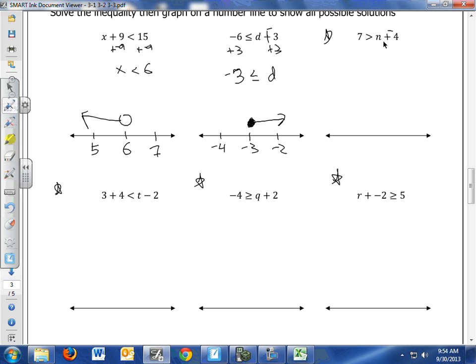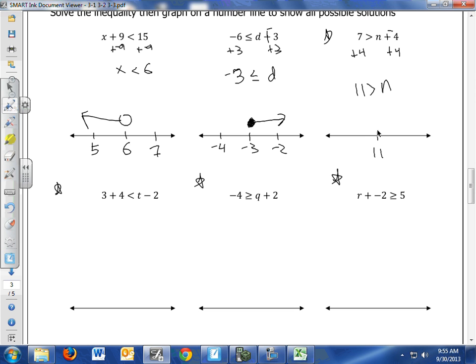So n minus 4 is the same as n plus a negative 4. This negative 4 is bothering n. To get rid of stuff being added, you add the opposite. I add 4 to both sides so that I can get n by itself. N is less than 11.